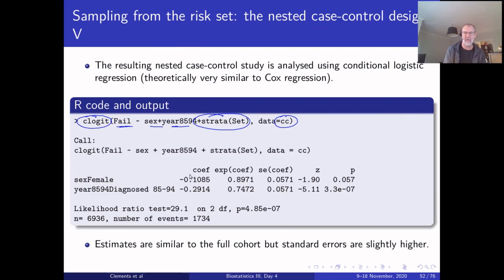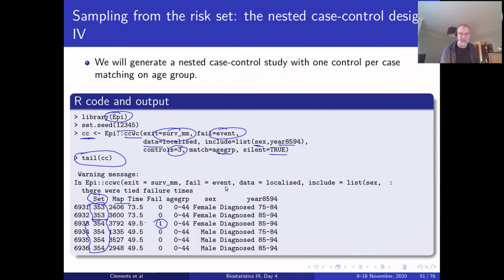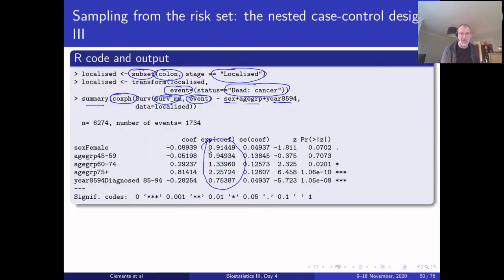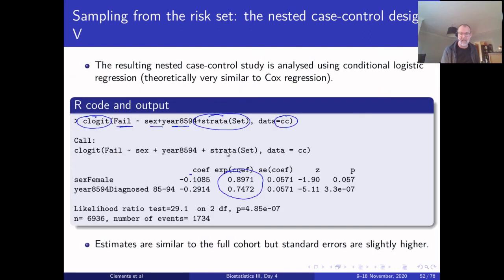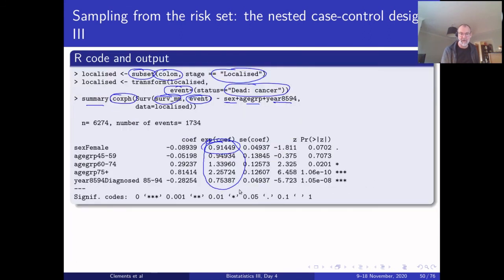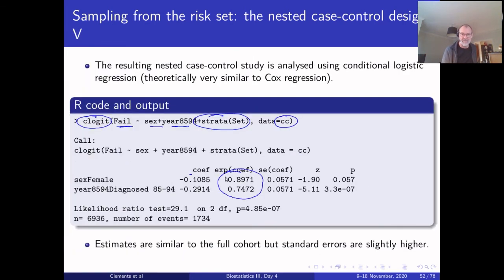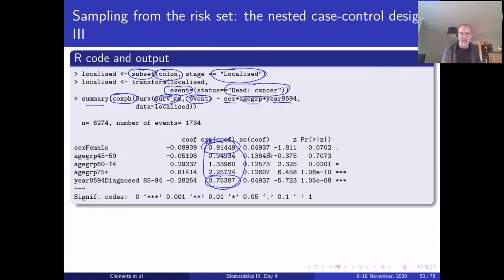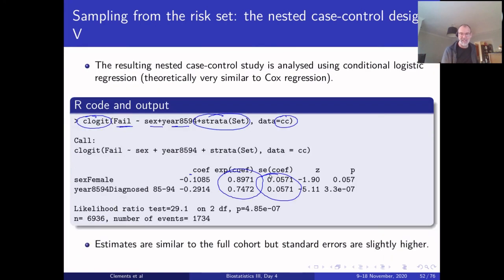What we end up with are these 2 values here, which are comparable to the results from the full cohort for sex and calendar period of diagnosis. These estimates are similar to the full cohort, but the standard errors are slightly larger; for example, the 0.057 here is quite similar there in the year, but slightly larger.